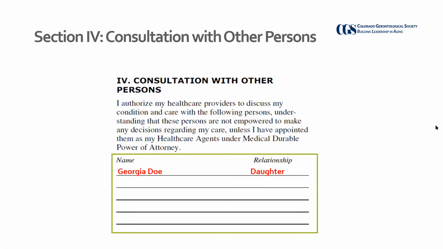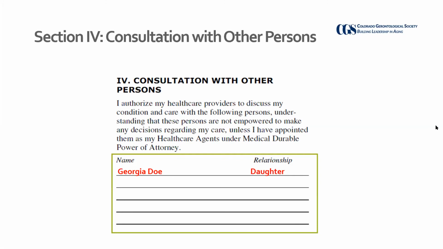We have another question, and it indicates it's important to make sure witnesses are qualified to witness. So this is an important key. Make sure that your witnesses are not the individuals that are your agent or alternates in your medical durable power of attorney. They have to be anyone else but your agent and your alternates.